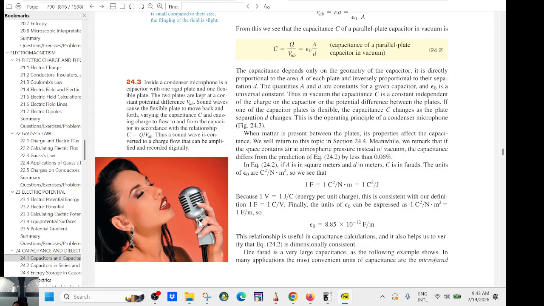The sound wave will push on the plates of the capacitor, so the distance will change, the capacitance will change. So if you increase the capacitance, that means you can fill it with more charge. So more charge will flow, you have an electric current, and then you have a signal. So it works like the keys of your keyboard. Okay, so that's a nice application.